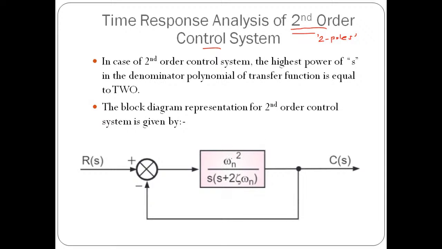Here, omega n square divided by s in bracket s plus twice zeta omega n indicates the forward path gain, which is nothing but G of s, and the feedback path gain H of s is nothing but 1, and here we have taken a negative feedback system. That is important. So this is the general block diagram representation for second order control system.